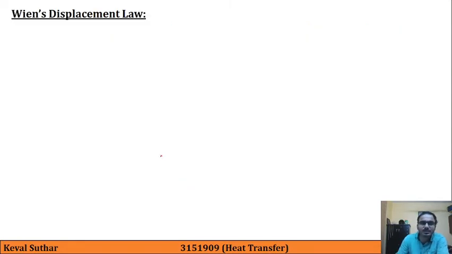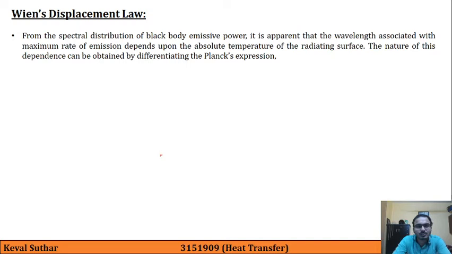Now our next theory is Wien's displacement law. From the spectral distribution of black body emissive power, it is apparent that the wavelength associated with the maximum rate of emission depends upon the absolute temperature of the radiating surface.